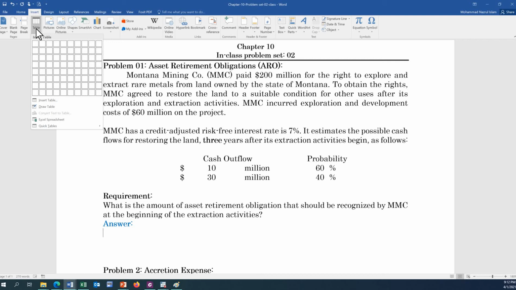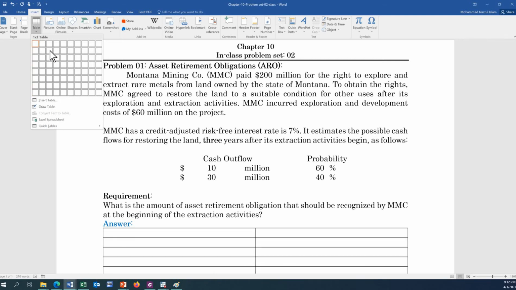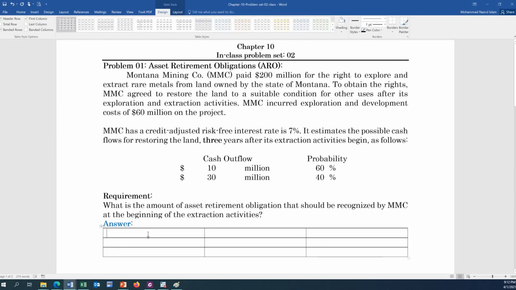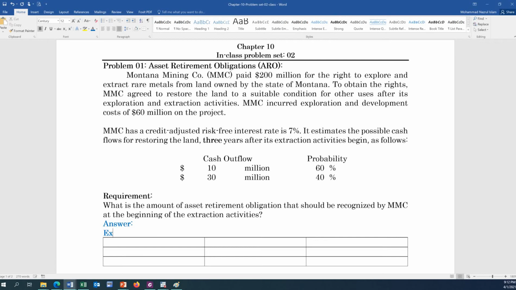So the expected cash outflow. The total: 10 million and the probability is 60%, so 60% of the 10 million is equal to 6 million, correct?